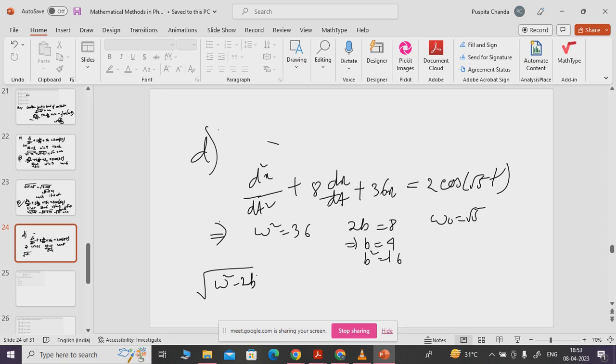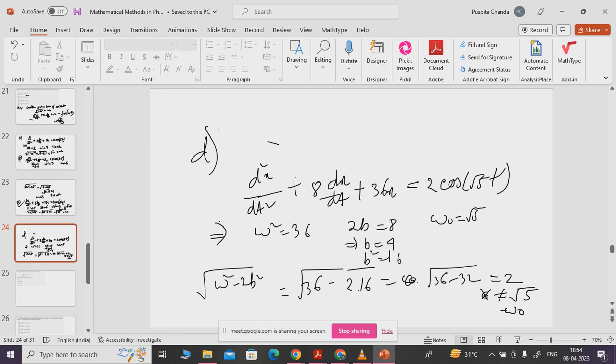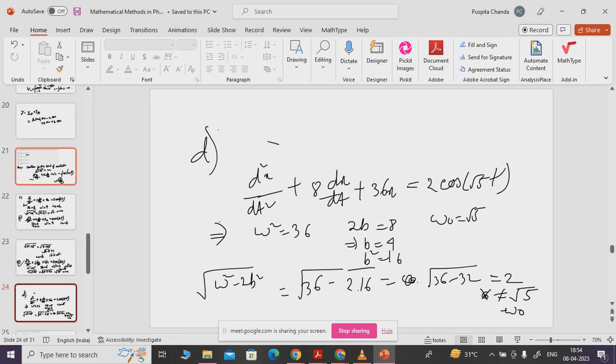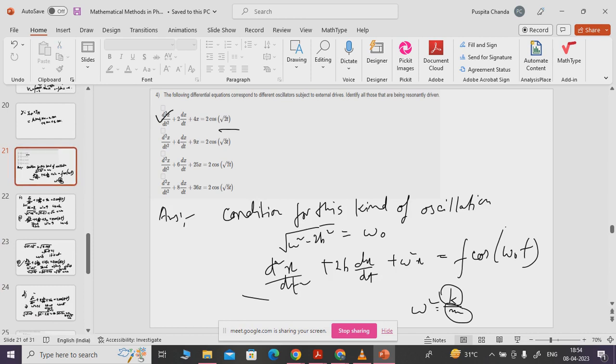So 36 minus 2 into 16, which is 32, 36 minus 32 is 4, root of which is 2, which is not equal to root 5, which is omega naught, so it is not resonantly driven. So equations A and C are the answer.